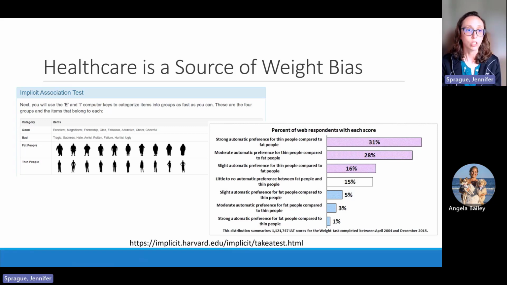But this is available to you if you'd like to assess your own balance, because as you're aware, then you can try and make conscious choices or conscious awareness to use better words and be more empathetic to try and improve your interaction with patients. You can see that over half of the respondents in this survey had an implicit bias in favor of thin people.